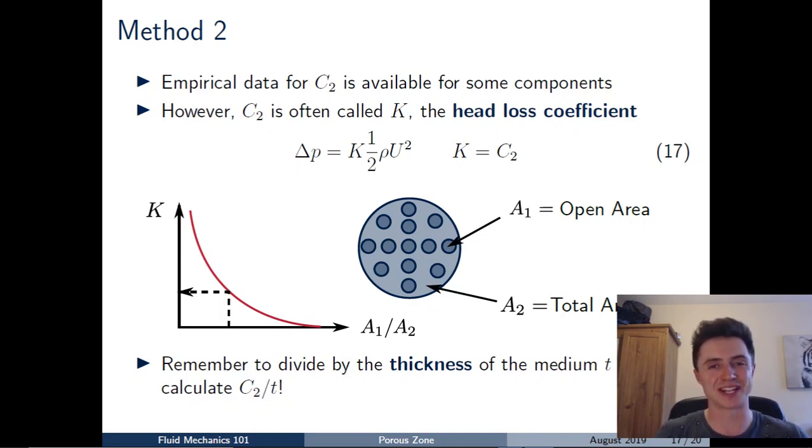Once again, I know I've said this before, but once you calculate K or C2 by reading it off the graph, you then have to once again divide by the thickness of the medium. So in this case, the thickness of the plate, to ensure that you have C2 over T and that it has the correct units. So the method you use to derive these coefficients C1 and C2 will vary depending on your application and what data you have available.